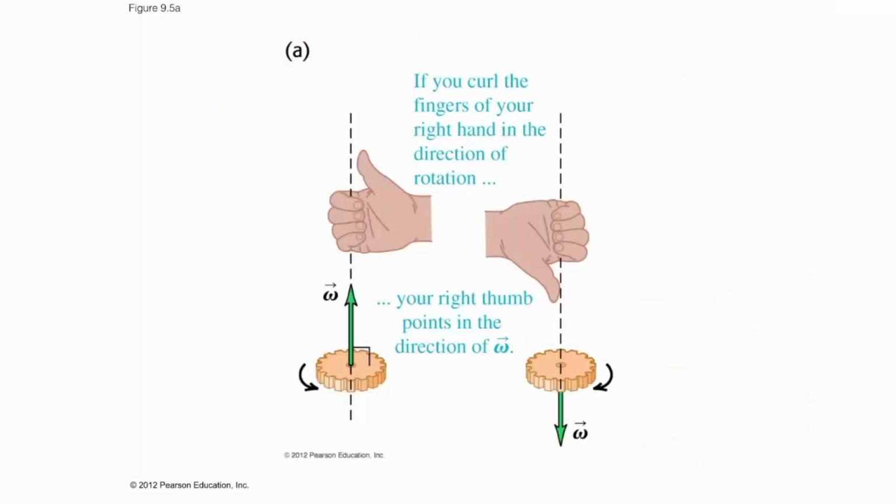Okay, let's discuss a different problem. This one's going to come back later. Which way is this wheel rotating for you? How do we describe this rotation? Counterclockwise. Some people like to use anti-clockwise. Sure, why not?